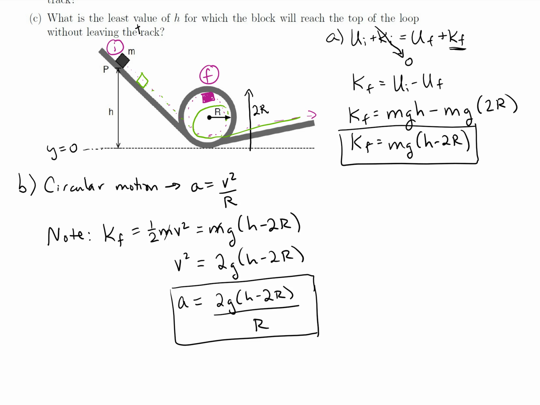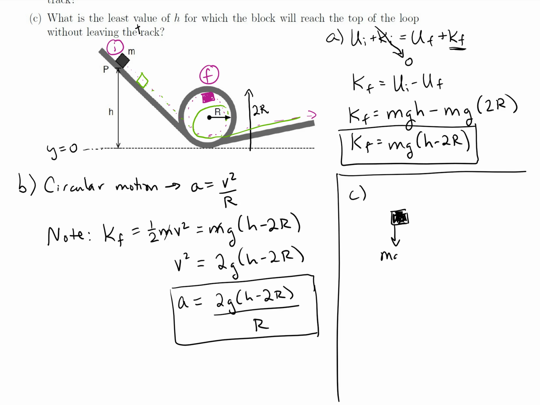So let's think about what happens at the top of the track. At the top of the track, let's draw a free body diagram for this mass.